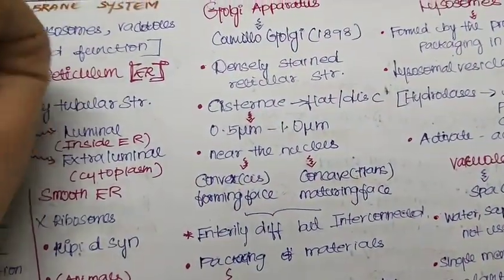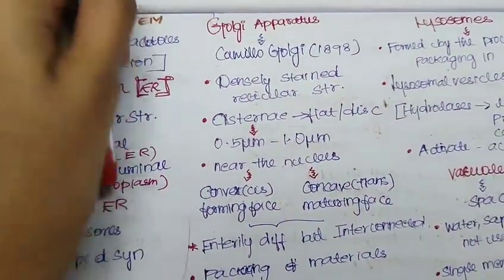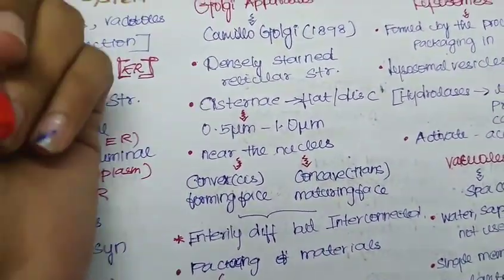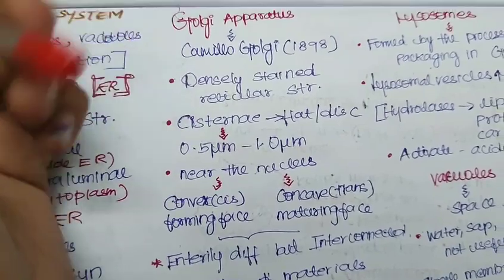Now we will talk about the Golgi apparatus. This is named after Camillo Golgi because he is the one who first observed this material.